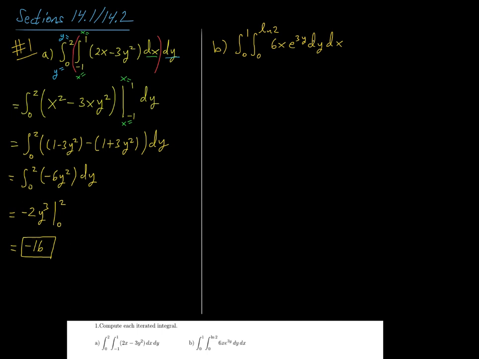How about part B? Here we're integrating the function 6x e to the 3y in the order dy dx. So again, I'll put this inner integral in parentheses. And now we're saying that y ranges from 0 to the log of 2, and x ranges from 0 to 1.